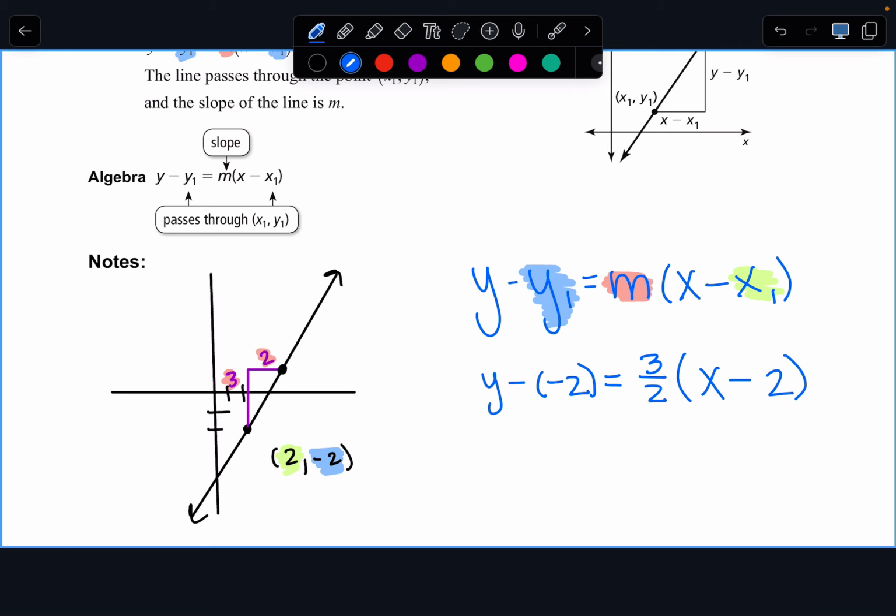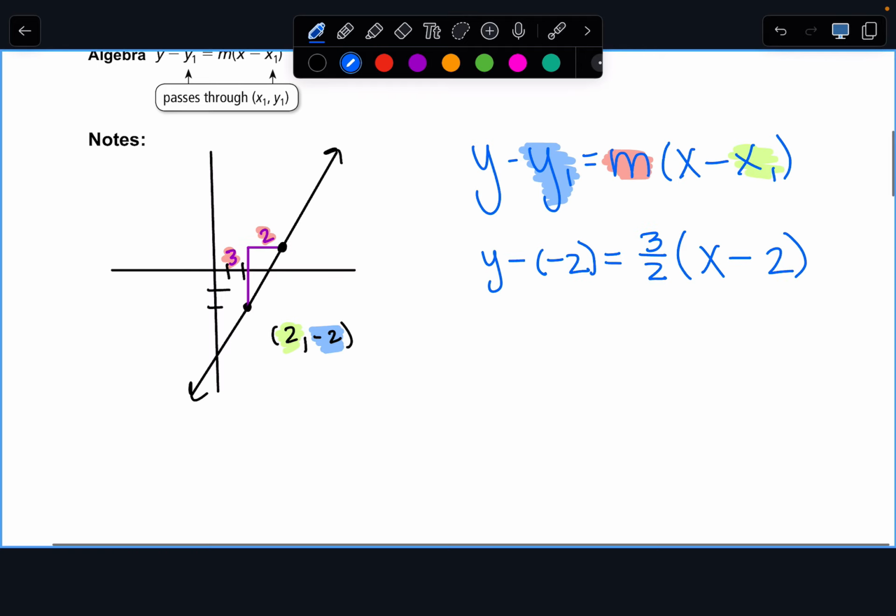Well, not yet. Because I want my final answer to be in slope intercept form, which means I want y equals. Okay, so how are we going to get this to y equals? We're going to need to distribute, right?